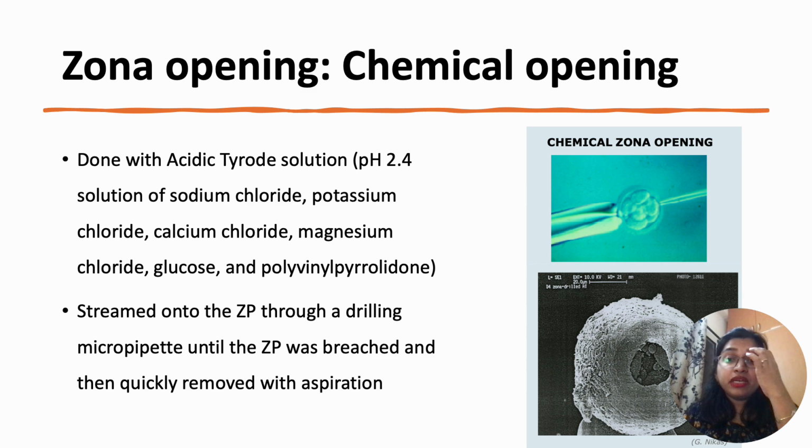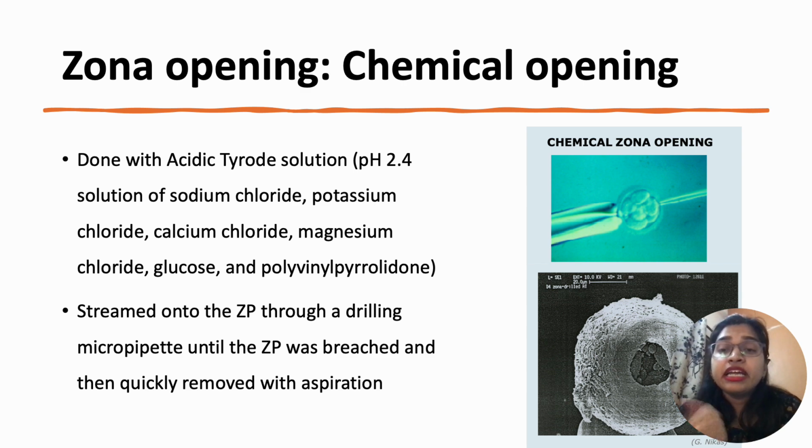Next is chemical opening. Chemical opening is done with acidic tyrode solution. It has a pH of 2.4 containing sodium chloride, potassium chloride, calcium chloride, magnesium chloride, glucose and polyvinyl pyrrolidone. It is streamed onto the zona pellucida through a drilling micropipette until the zona pellucida is breached, and then we have to quickly remove it with aspiration.